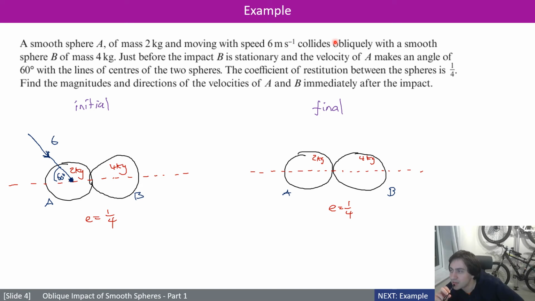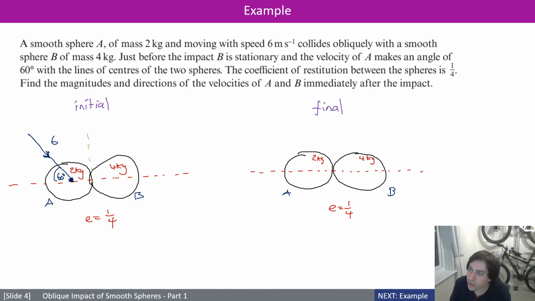And then after we've thought about it intuitively, let's think about it mathematically according to the rules I set out before. It's going at 0 velocity, right? This object B. So in other words, it's going 0 parallel to the line of centers, and it's also going 0 parallel to the common tangent, which I haven't drawn on yet.